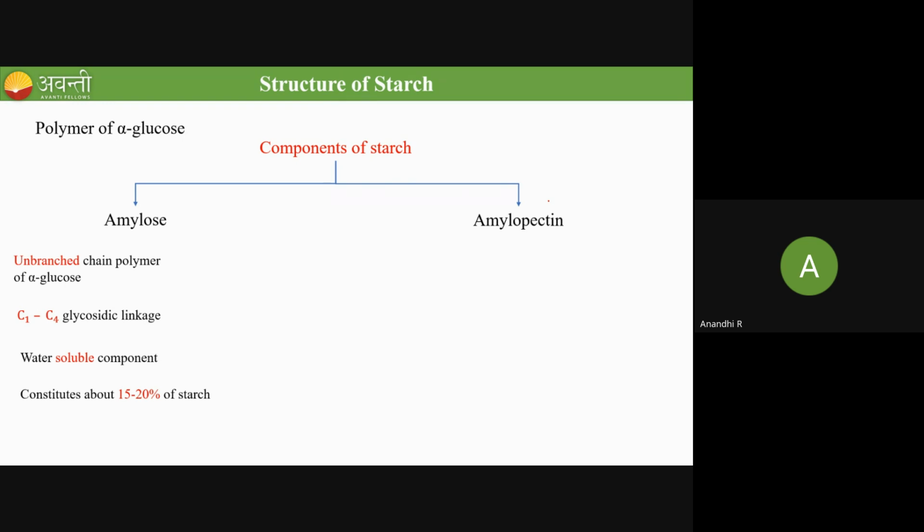And coming to amylopectin, it is a branched chain polymer of alpha glucose, just the opposite of amylose. The C1 C4 glycosidic linkage is there, and also the C1 C6 linkage is present. In the linear chain C1 C4 is there, and between two chains there is a branch, and in that branch you can find the C1 C6 linkage.